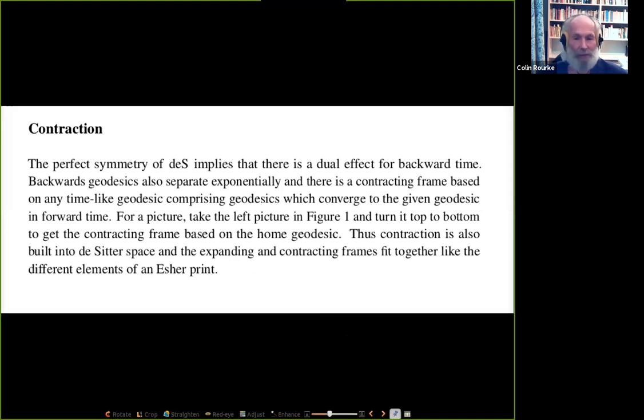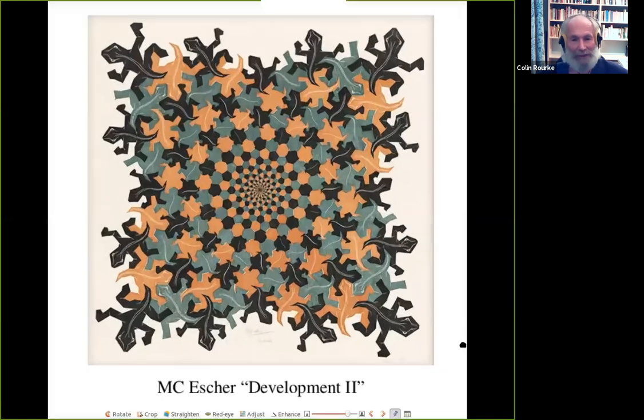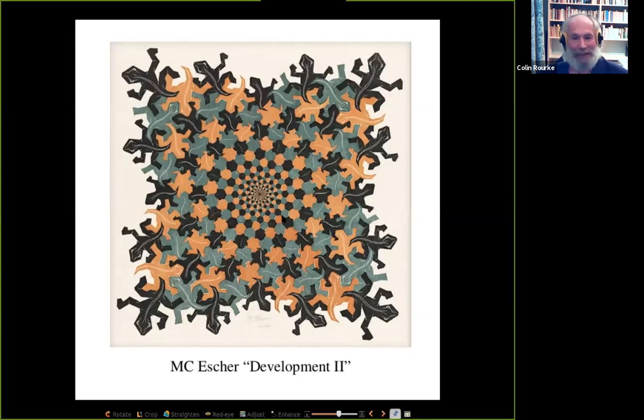So if you remember that picture, figure 1, the big blue picture, take the left-hand picture, that's the one that showed what you can see under Weyl's hypothesis. Turn it upside down, and you get the contracting frame based on the Hermann geodesic. So you've got contraction built in. So De Sitter space has expansion and contraction built in. They're just there, and they fit together perfectly. It's like, I mean, Escher knew all of this. Expansion and contraction fit together perfectly.